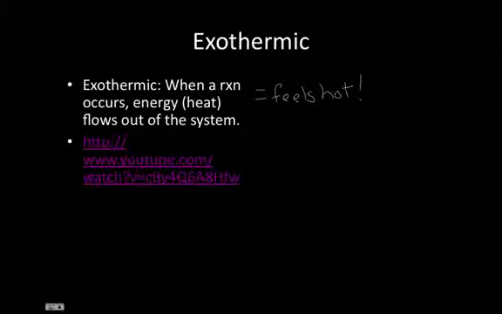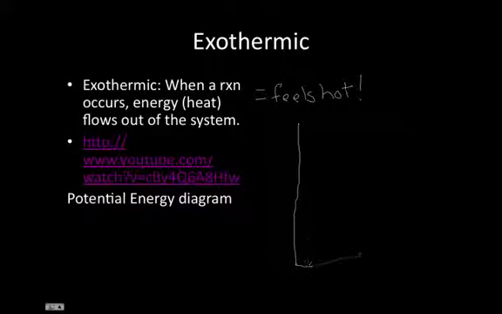Again, if we draw a potential energy diagram, we have the reaction on the x-axis and the potential energy on the y-axis. Now, this time, instead of in an endothermic reaction, where the products had more energy, in an exothermic reaction, the reactants have more energy.